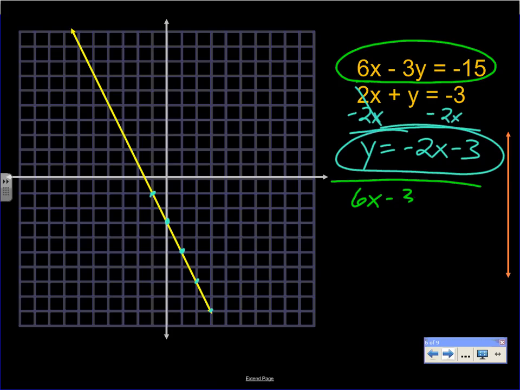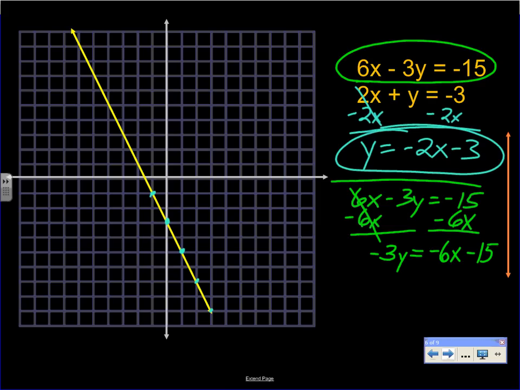6x minus 3y is equal to negative 15. Subtract 6x from both sides. Those cancel. I'm left with negative 3y. Do not forget the sign in front of the 3 is negative, so it should come down with it. Negative 6x and negative 15.